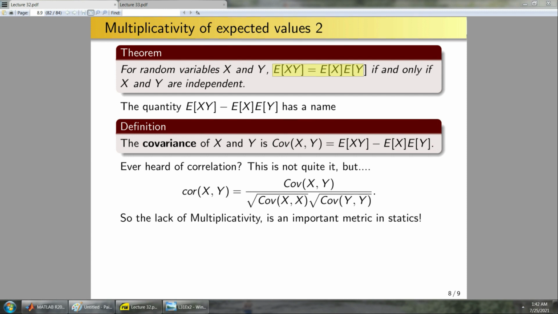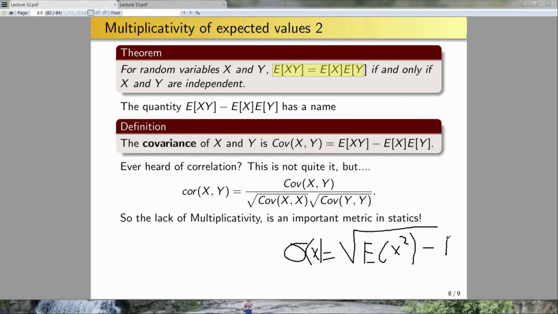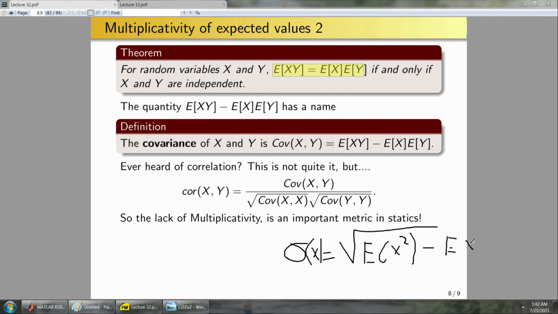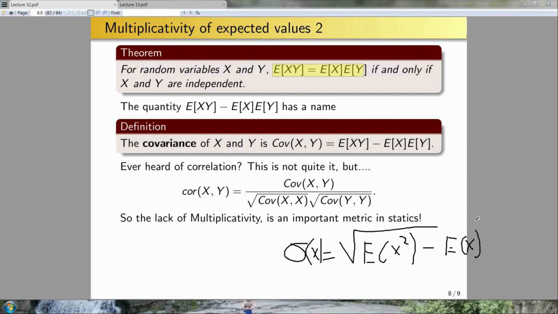And one last thing, for those of you who are curious about how you actually compute the standard deviation, there are those handy formulas that are in some sense more useful for practice, but this standard deviation is actually the square root, well, here I need to put an X, but the square root of the expected value of X squared minus the expected value of X squared.